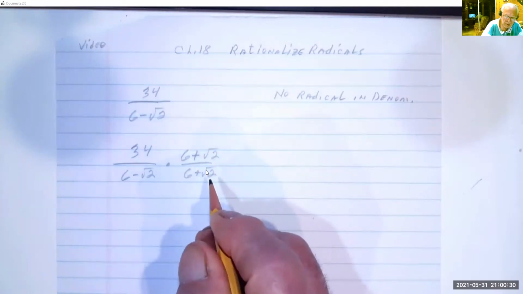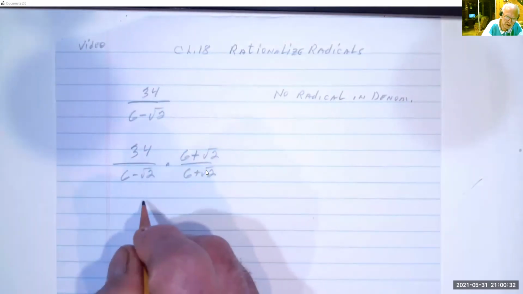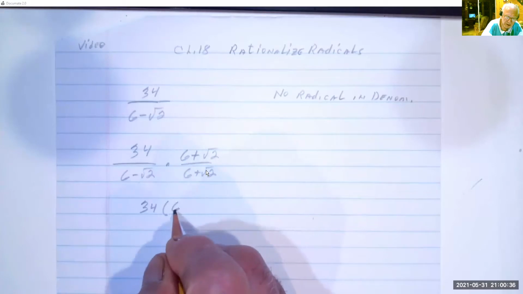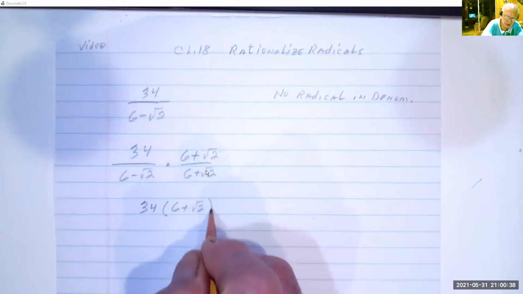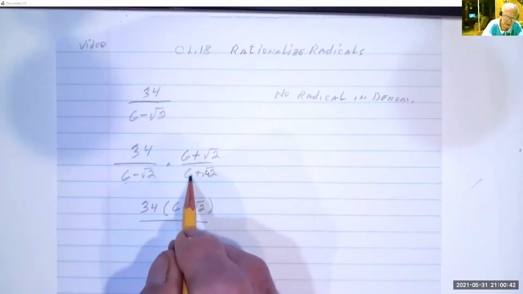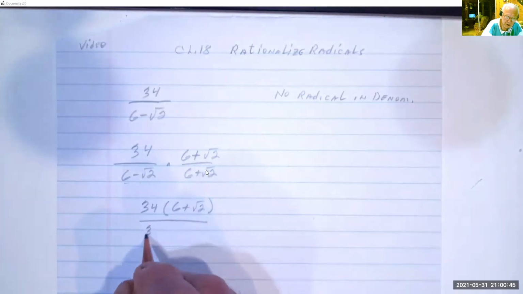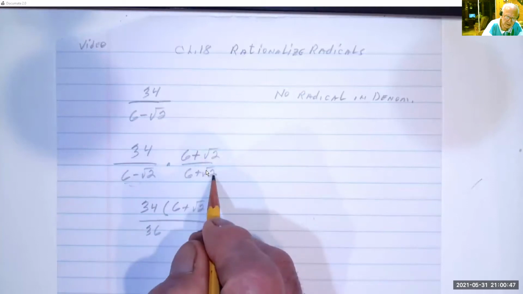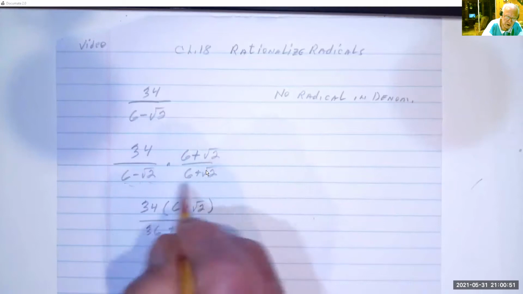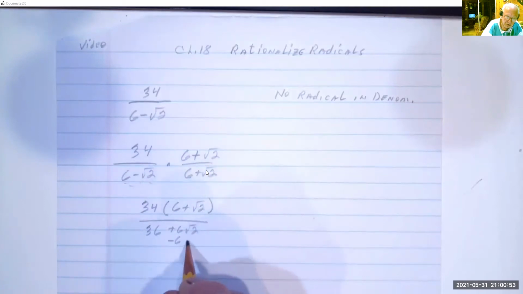So now let's multiply. The numerator, I'm going to suggest the multiplication, which is 34 times 6 plus the square root of 2. And in the denominator, we're going to use FOIL. 6 times 6 is 36. The outer product is 6 square root of 2. And the inner product is minus 6 square root of 2.